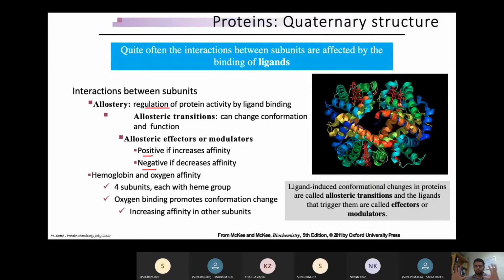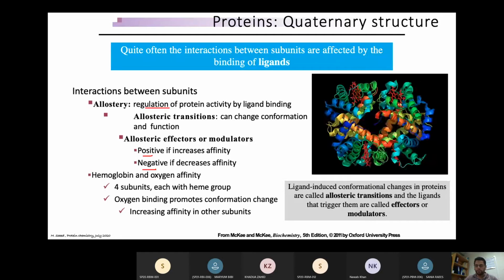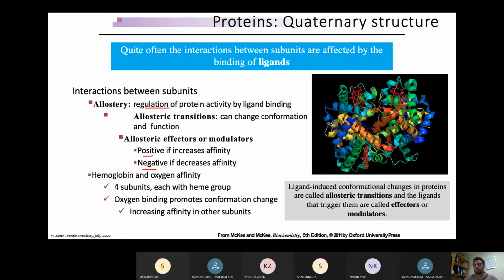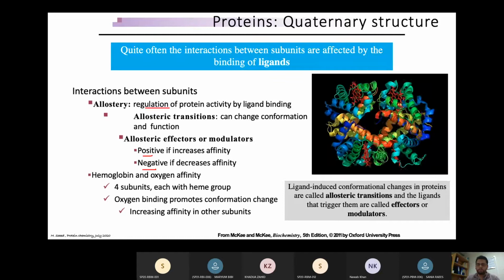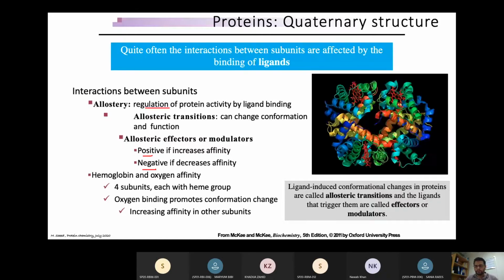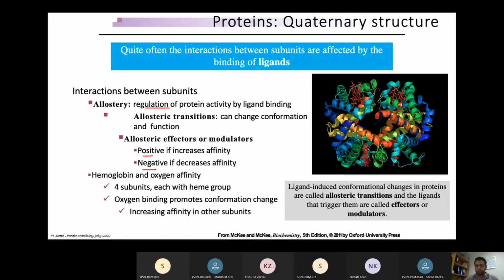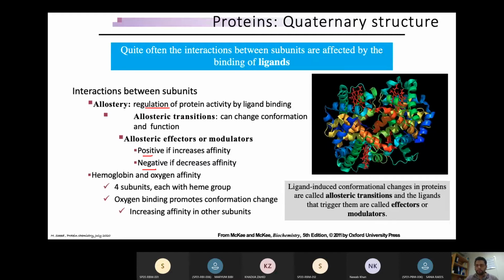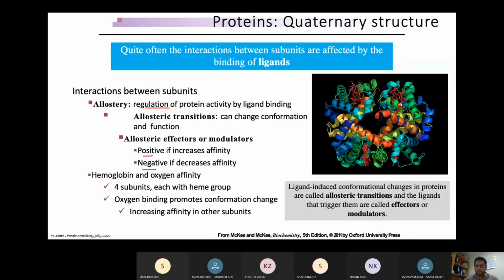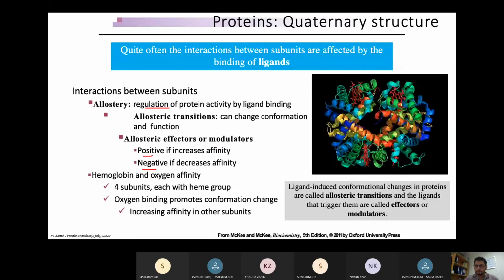And when fully folded three-dimensional structures join together, they give rise to a mature hemoglobin protein, as is shown here in this animation जो कि आपको नजर आ रहा है. और आपको चार रिंग्स भी नजर आ रही होंगी जो इस वक्त मेरे कर्सर के साथ साथ मौजूद है. These are porphyrin ring, heme binding molecule. ये चार के चार. So that means this is one subunit, and this is the second subunit, this is the third subunit, and this is the fourth subunit.